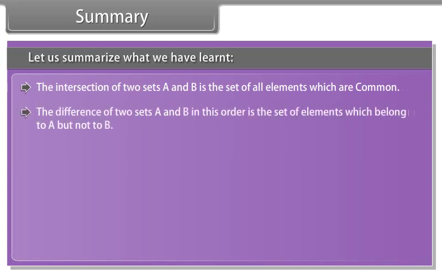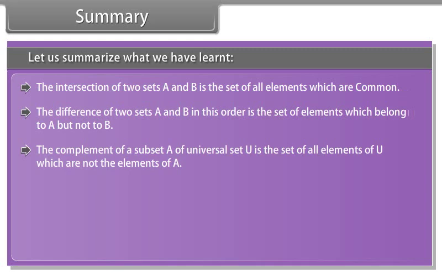The difference of two sets A and B, in this order, is the set of elements which belong to A but not to B. The complement of a subset A of universal set U is the set of all elements of U which are not the elements of A. For any two sets A and B, complement of A union B is equal to complement of A intersection complement of B, and complement of A intersection B is equal to complement of A union complement of B.